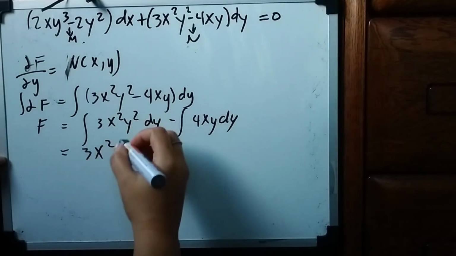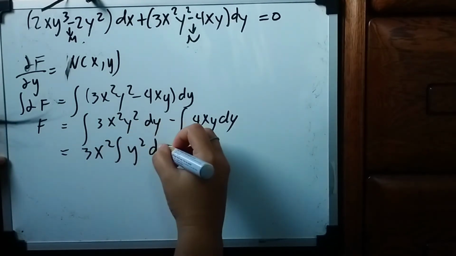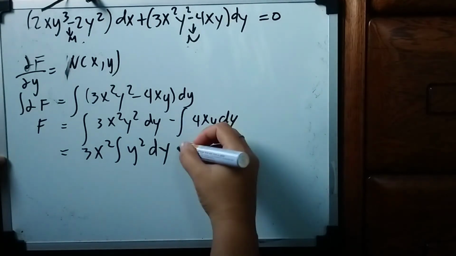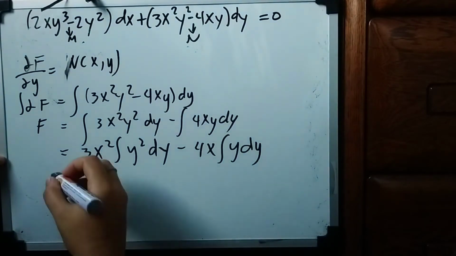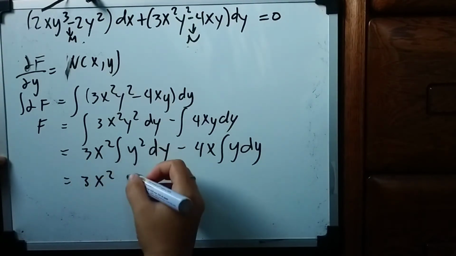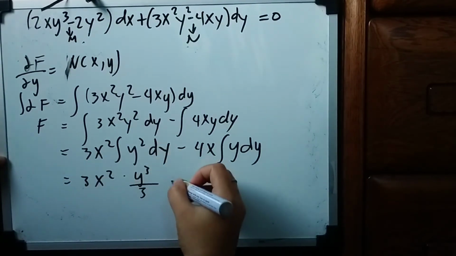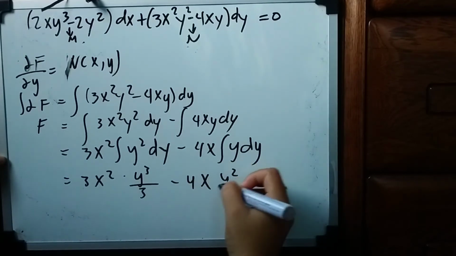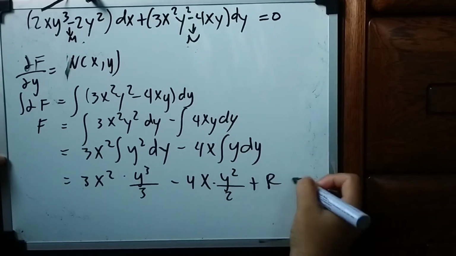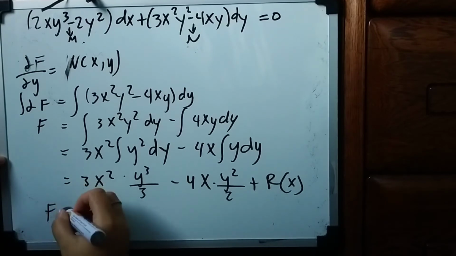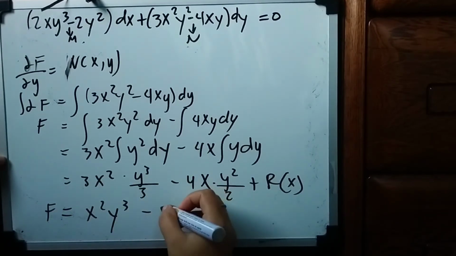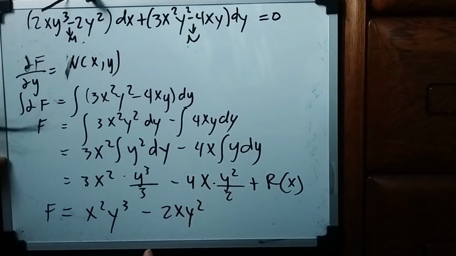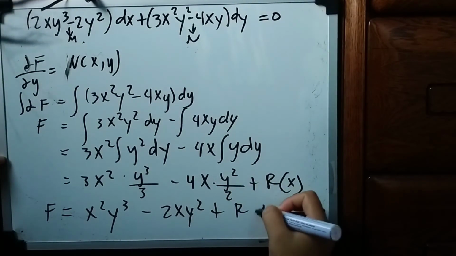So you'll have here 3x squared, integral of y squared dy, minus 4x, integral of y dy. Then we will have here 3x squared times y cubed over 3 minus 4x times y squared over 2 plus r of x. So we have here x squared y cubed minus 2xy squared plus r of x.